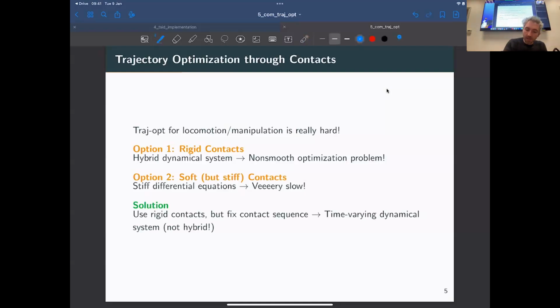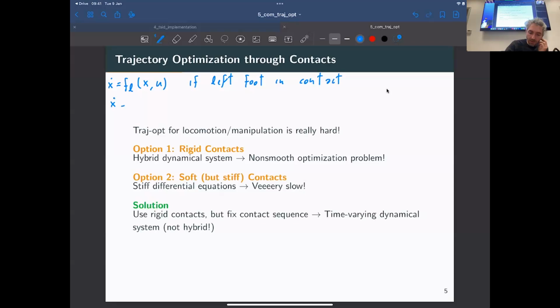So in our case, I can make it a bit more specific. Maybe we have two different dynamics, well, actually, we could have even three. We could have fL, which is the dynamics if the left foot is in contact.